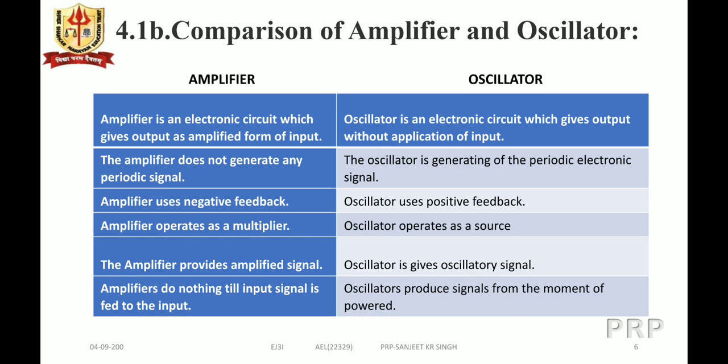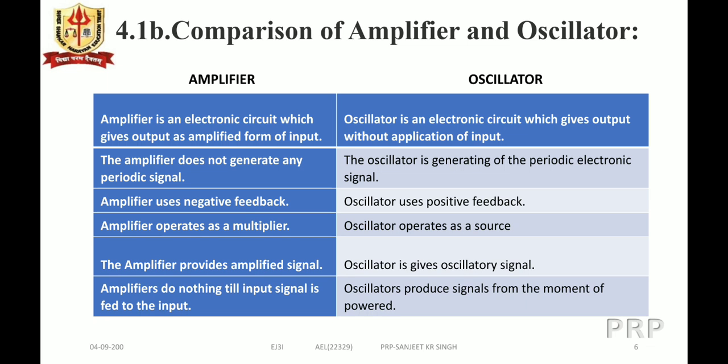The amplifier does not generate any periodic signal, whereas the oscillator generates a periodic electronic signal. The amplifier uses negative feedback, whereas the oscillator uses positive feedback. The amplifier operates as a multiplier, whereas the oscillator is a source. The amplifier provides an amplified signal, whereas the oscillator gives an oscillatory signal.